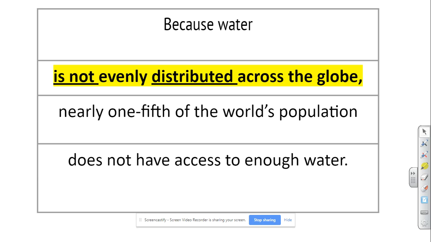Distributed would be the verb, the state of being or an action. Is not is telling us that it is a negative, a present negative. We're not saying that the water is distributed, we're saying it is not. So that would be a negative.